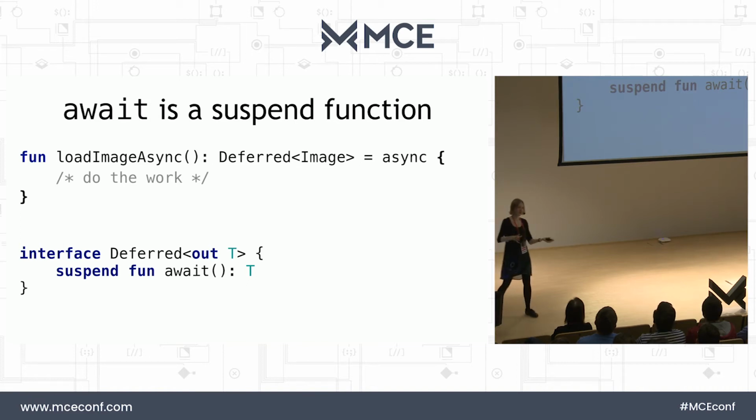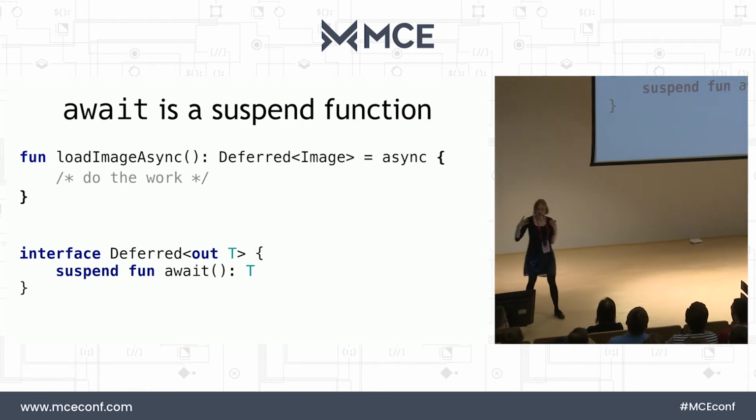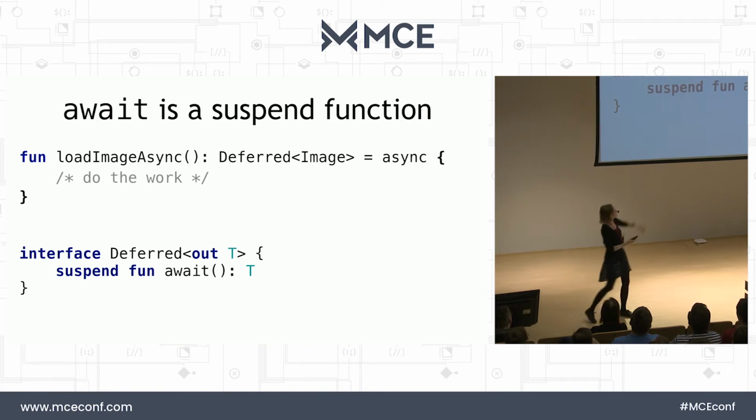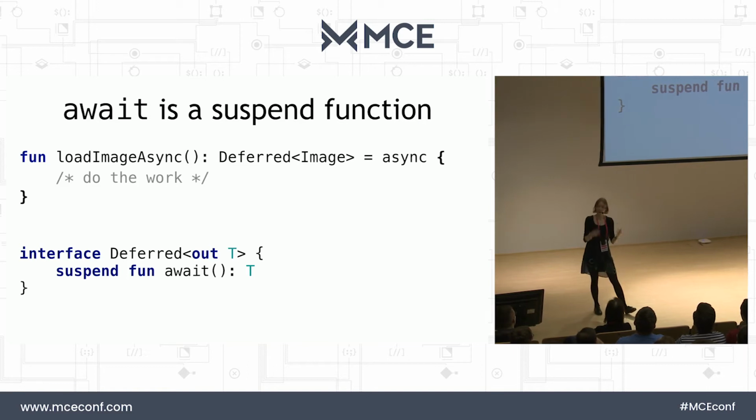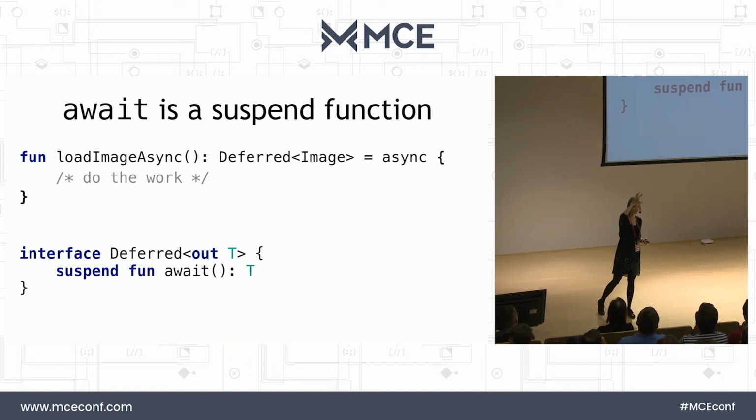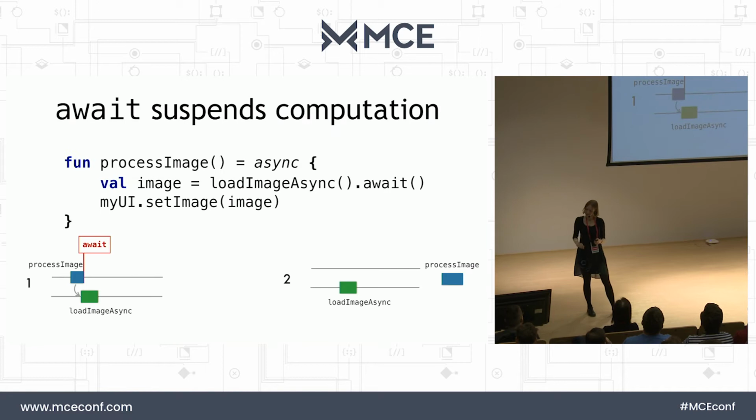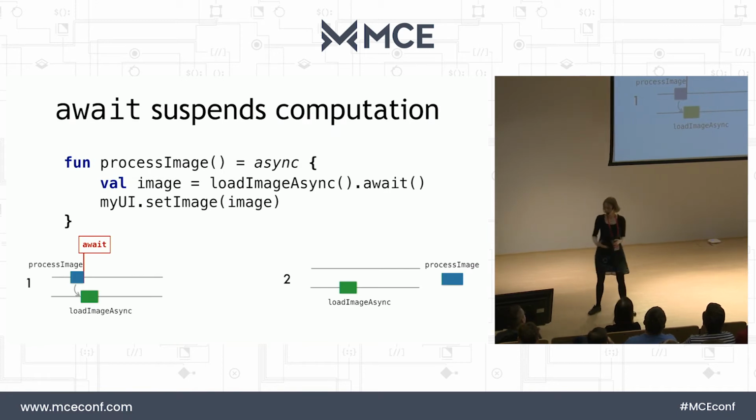Here it's the default interface, but actually it can be anything. So we have different functions. It can be a completable future as well if you have Java 8. And inside this default interface, the function await is declared as a suspend function. So here you see the suspend keyword with await, and that means that await is something that can put your computation aside. So again, await suspends computation.